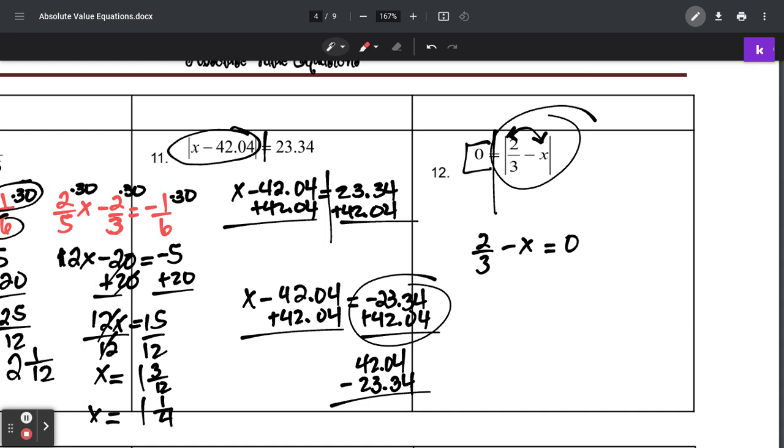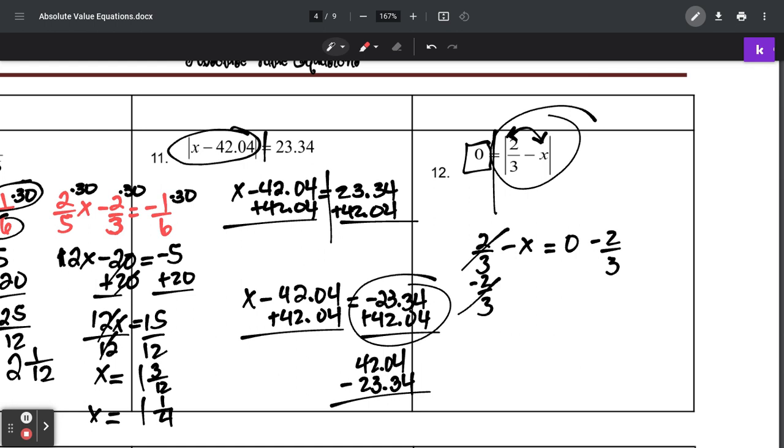Now, because 0 is a neutral number, we can't say negative 0, guys. It's not even positive 0, it's just 0. So anytime you have an isolated absolute value expression set equal to 0, you're only going to have one solution, okay? So what I'll do is subtract 2/3 from both sides.